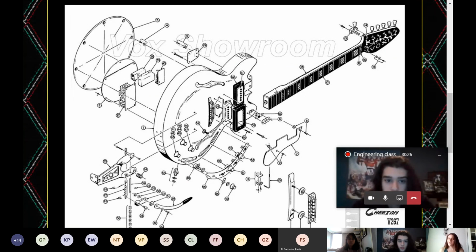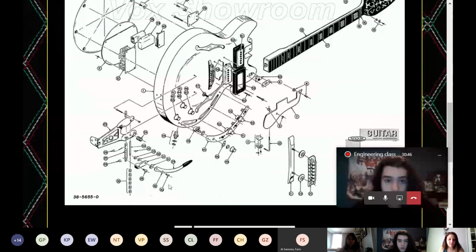If you search, most machines or objects have an exploded view. A technician who's used to looking at these would know where to place what, for the guitar or for any other object.